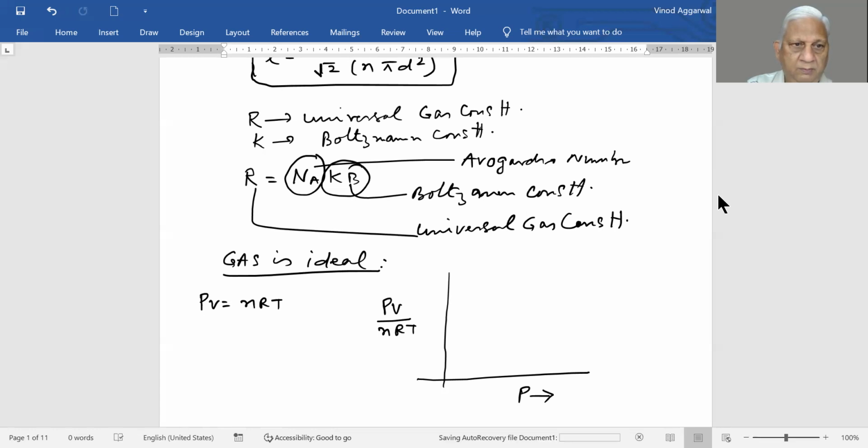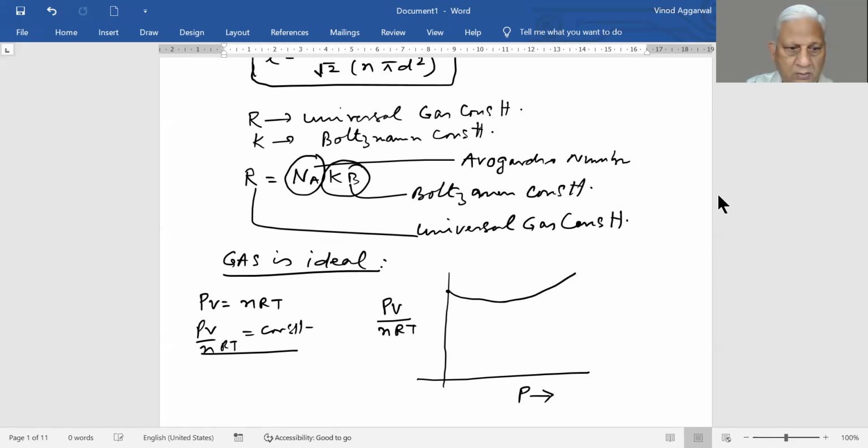So PV by nRT should be a constant value always, but it is not. We have seen for different temperatures, the curve may look like this.